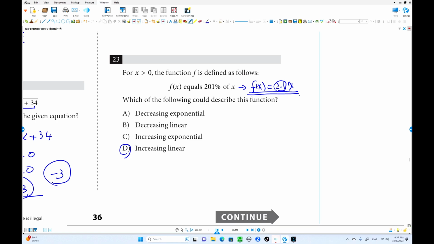Exponential is what? Maybe 201% increase, okay? You have to say increase. That is the exponential. This is not an increase, okay? For every value of x, it is about 2.01 times. That is increasing linear, okay? Don't be confused over here.